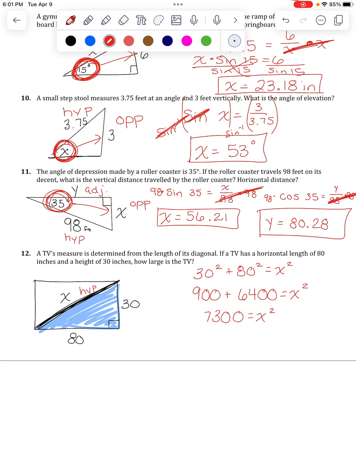Add those together, I get 7,300. Square root of 7,300. This TV happens to be 85.44 inches.